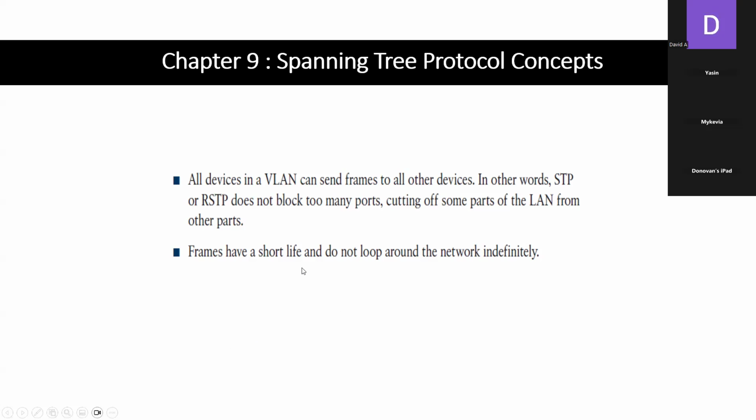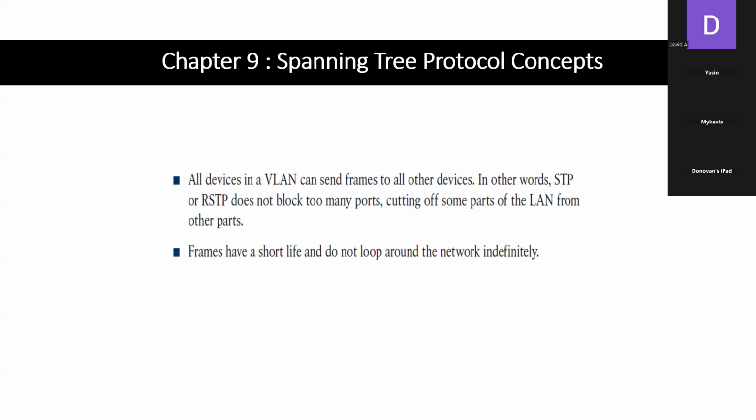So spanning tree, right? Let's talk about it. Without spanning tree or a mechanism like that, and I'm going to go into detail later, a regular broadcast domain, a local area network with redundant links, okay?